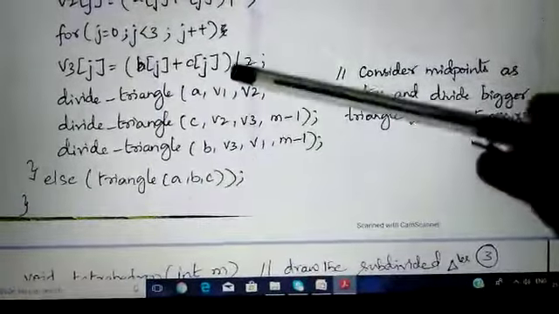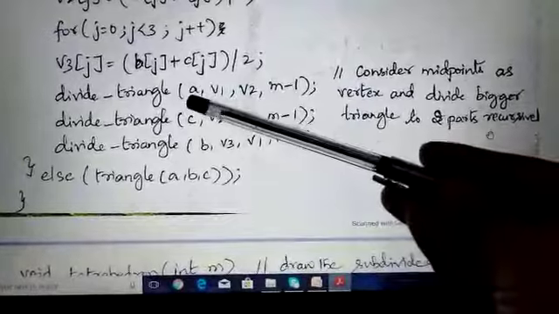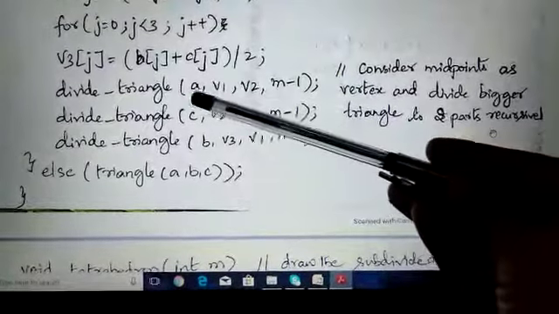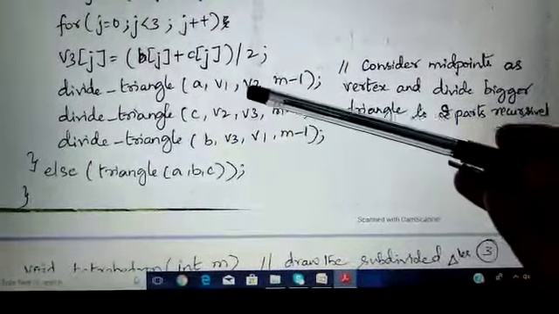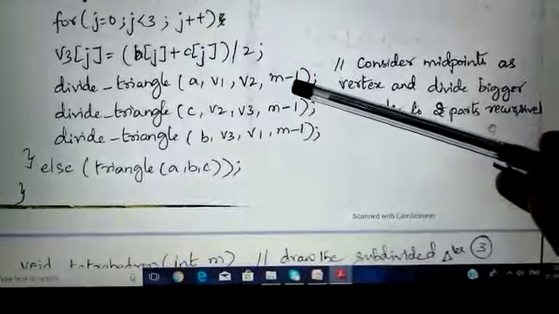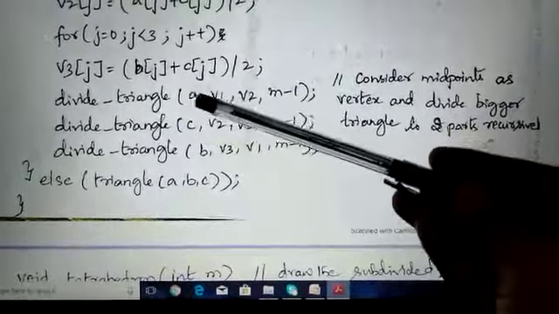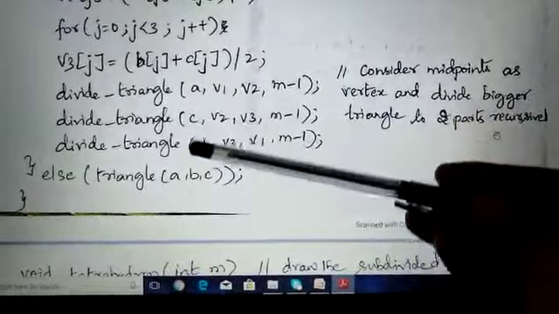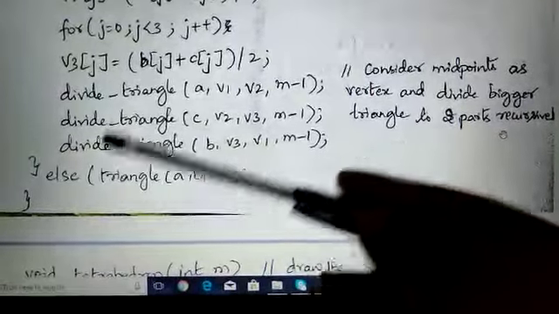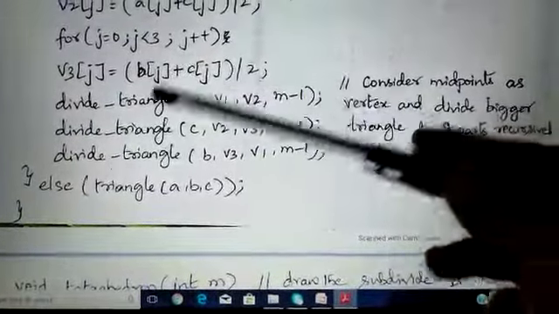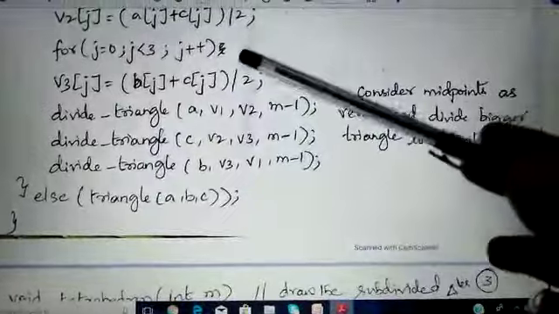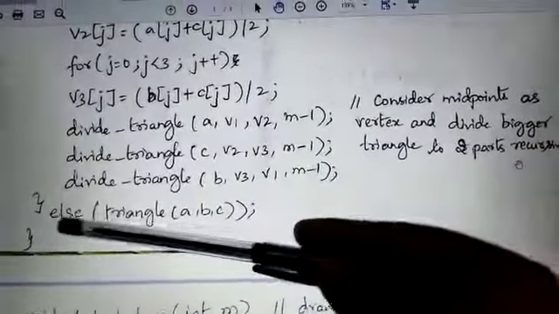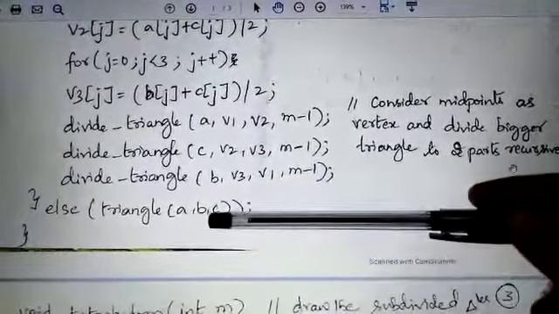And here we consider the midpoints with respect to A, since we are dividing the first triangle with respect to vertex V1, V2 and m minus 1 times. So on with respect to C, with respect to B. Else, if we do not have the points like that, then we go with the triangle ABC.